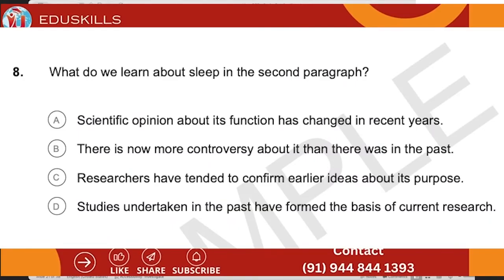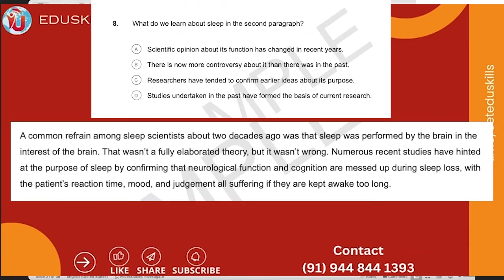Question 8. What do we learn about sleep in the second paragraph? A. Scientific opinion about its function has changed in recent years. B. There is now more controversy about it than there was in the past. C. Researchers have tended to confirm earlier ideas about its purpose. D. Studies undertaken in the past have formed the basis of current research.